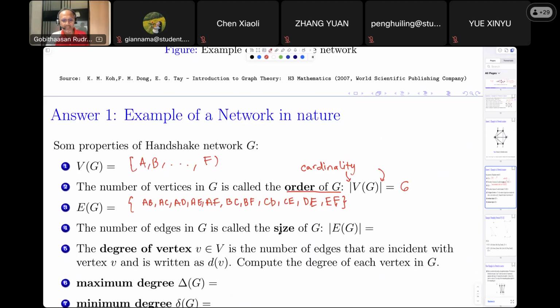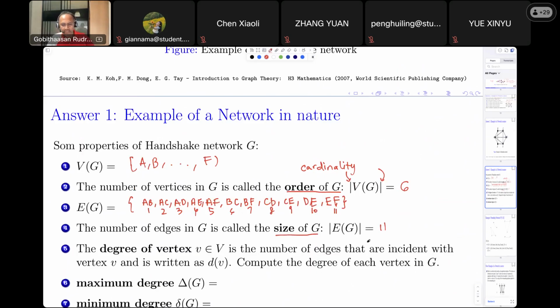Whereas the size of the network would be the number or the cardinality of edges. I have 1, 2, 3, 4, 5, 6, 7, 8, 9, 10, and 11. So I have 11 edges.